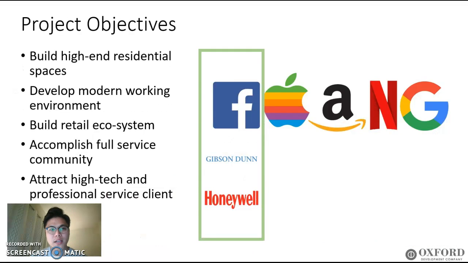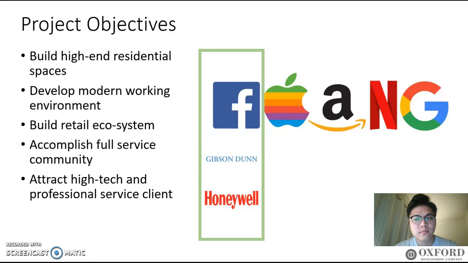The ultimate objective of this project is to attract high-tech and professional service companies as clients. In order to do that, we will try to build high-end residential spaces and develop a modern working environment by combining the retail ecosystem, and also achieve a full-service community.